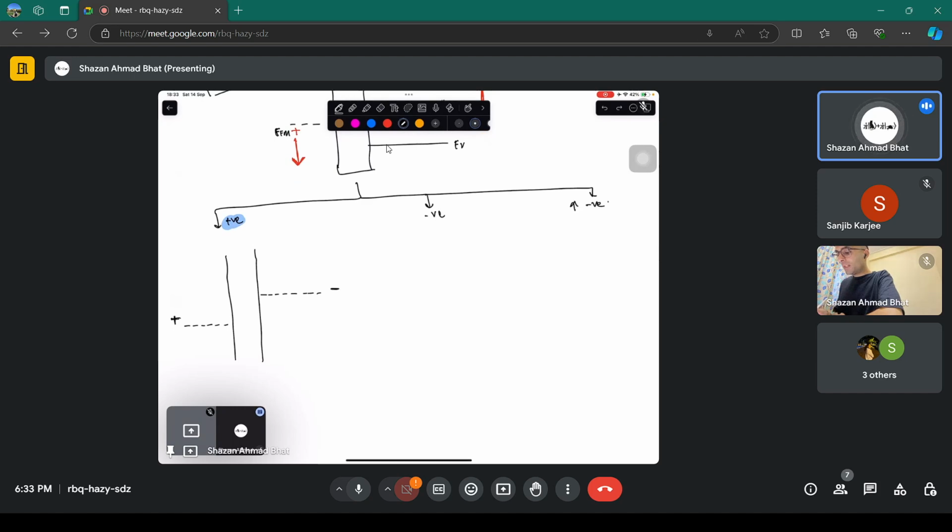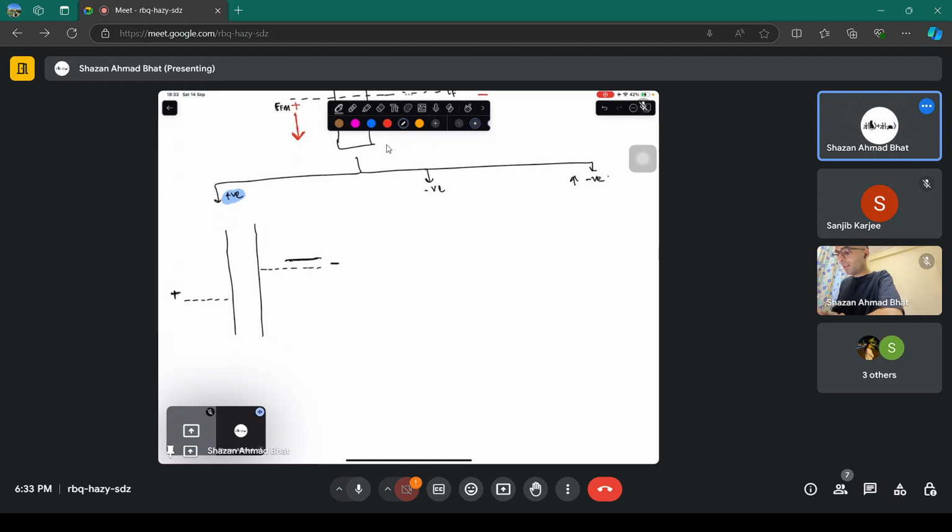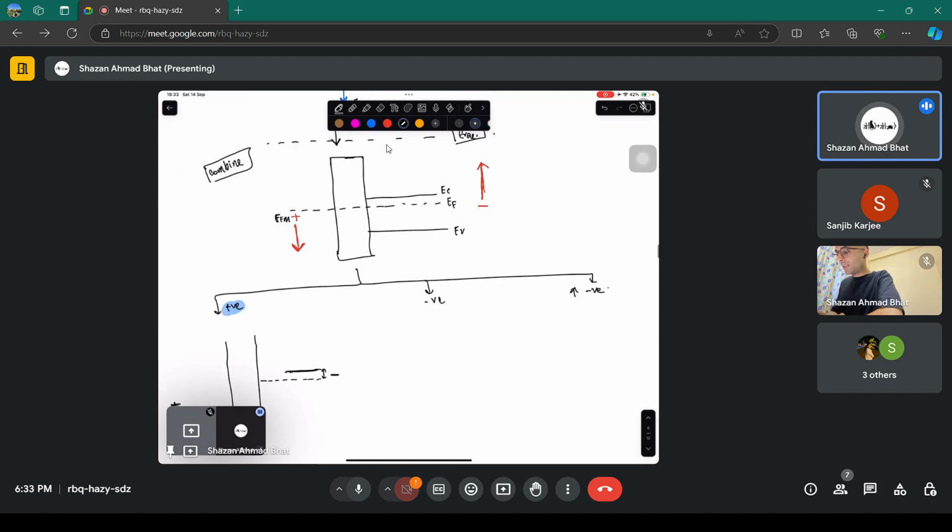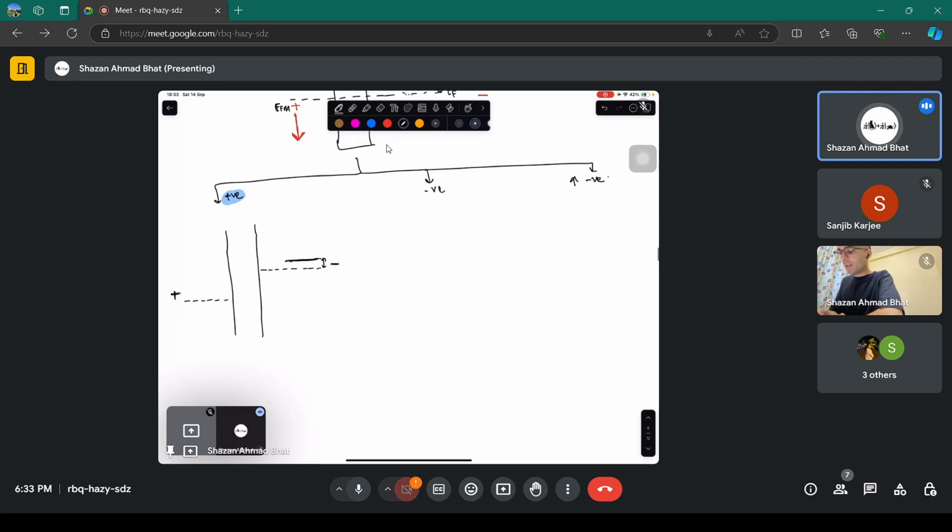The bulk stays n-type. There is no change in the bulk. That means this distance remains the same even if you apply the positive bias. This is the conduction band, this is the valence band, this is the Fermi level.